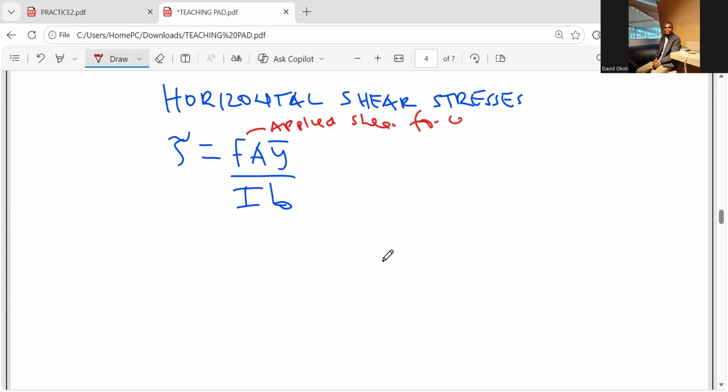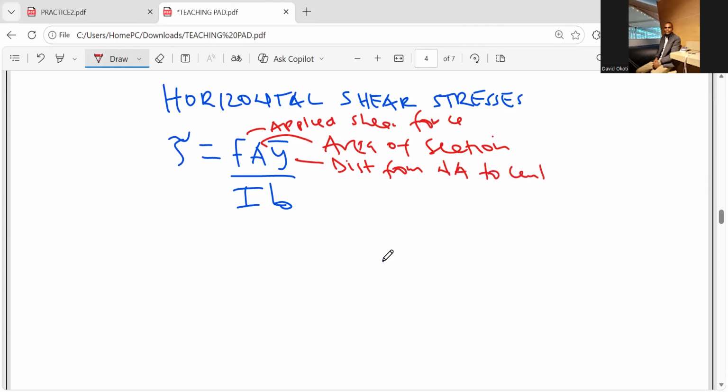So we are saying from this that F is the applied shear force, or if you like, you can say the maximum shear force. This is the area of section. This is the distance from the neutral axis to the center of area, measured vertically. Remember, it's a y measurement, so it's measured vertically.